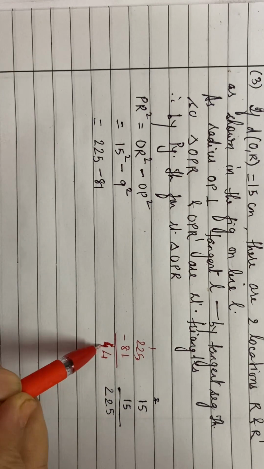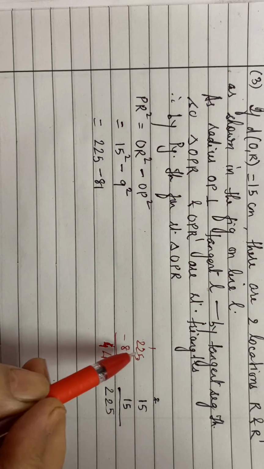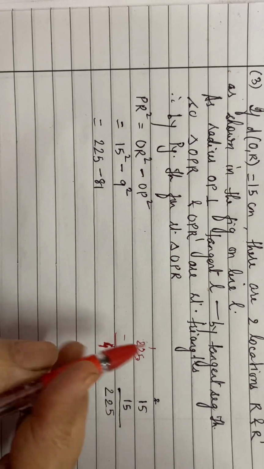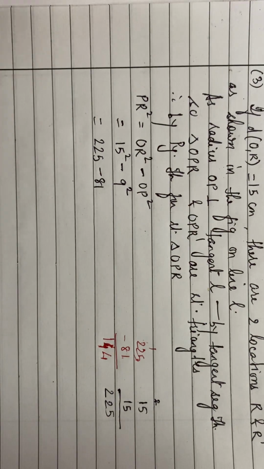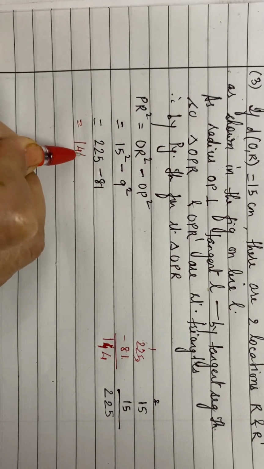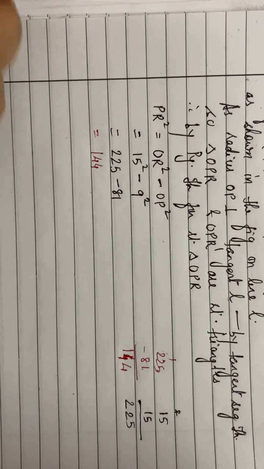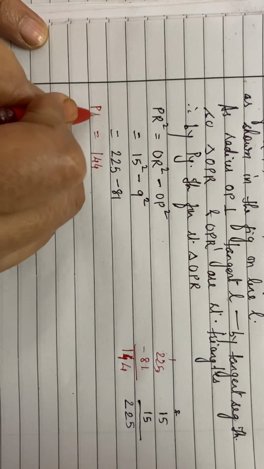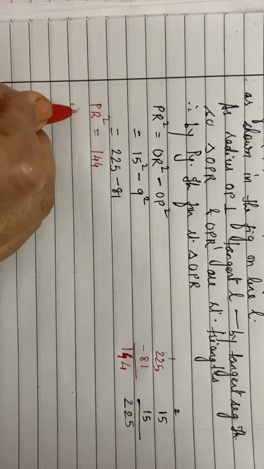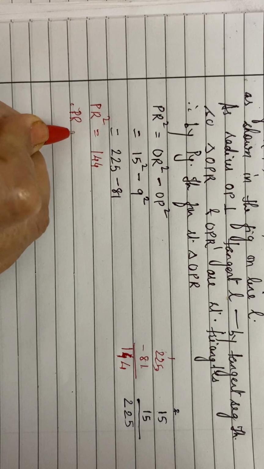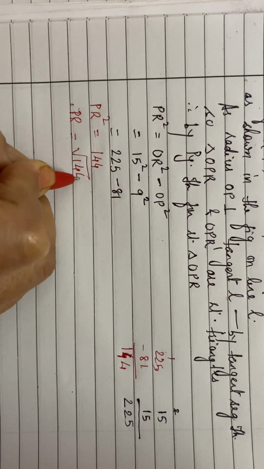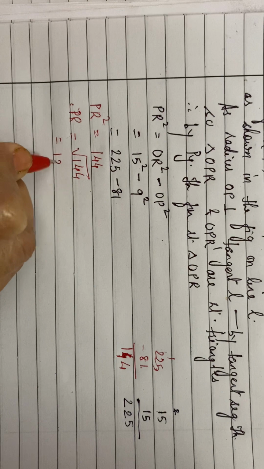Yes or no? Getting that? So 12 minus 8 is 4. Remainder here is 1. So what do you get the answer over here as? 144. Now your PR square is 144. Therefore PR will be equal to square root of 144, that is 12.